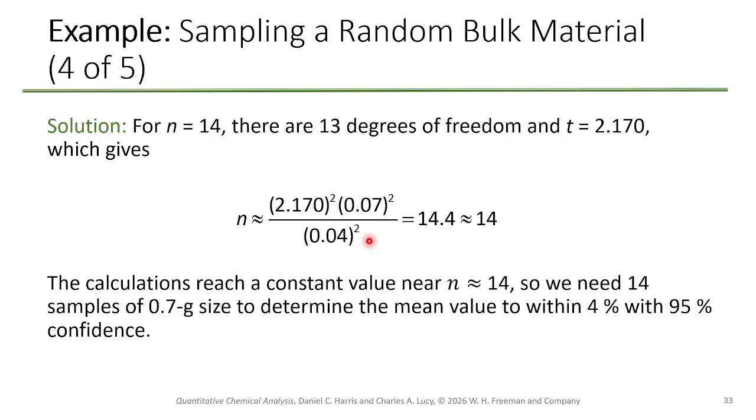Okay? Notice, by the way, that reducing your uncertainty like this takes a lot more effort. So if this example was very, very expensive and we have a limited amount of this sample, are you necessarily better off doing 14 tests at 0.7 grams?